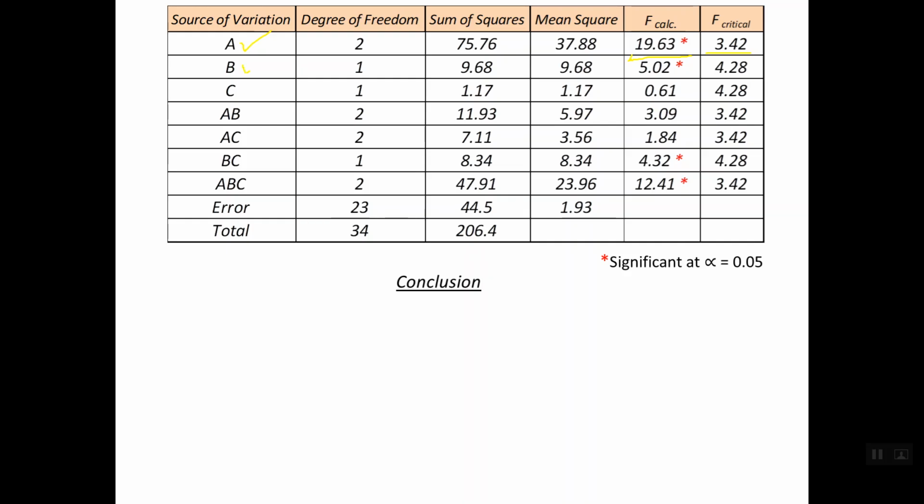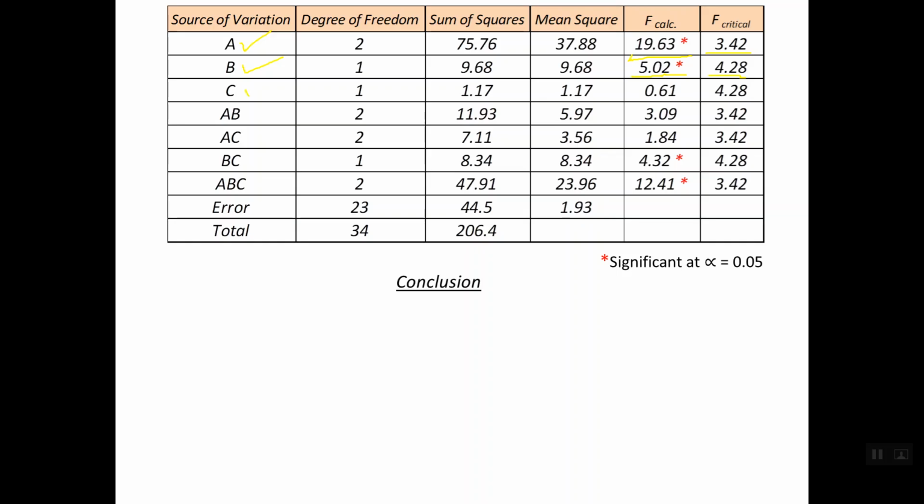For the second factor, factor B, again we have the value of the calculated F is greater than the F critical. So for factor B, we reject the null hypothesis and accept the alternative one, which means that the mean for B1 is not the same as the mean for B2.